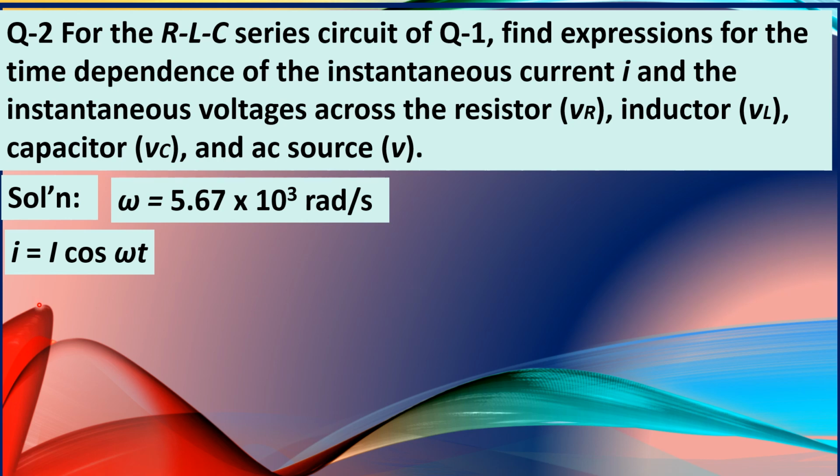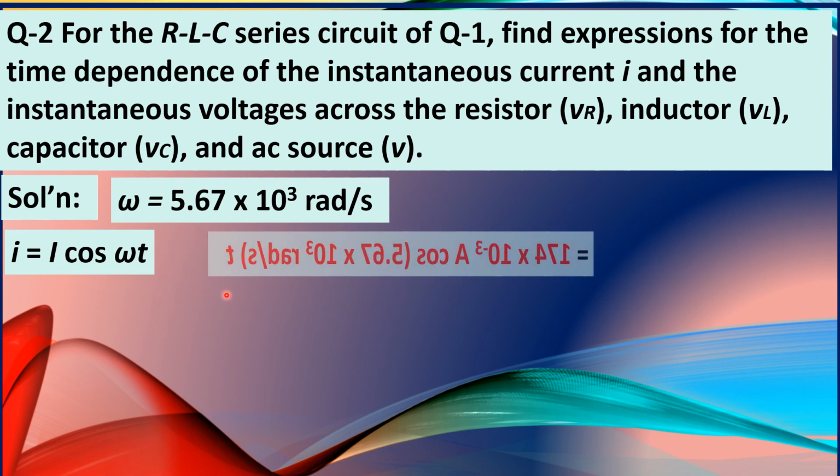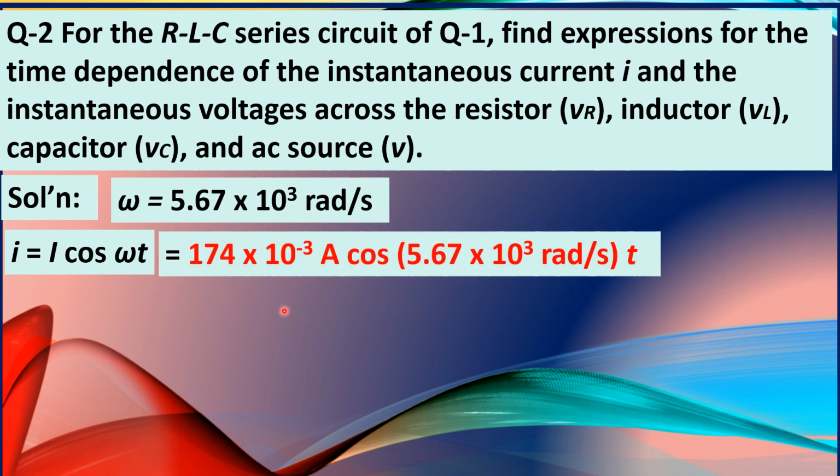Using the formula for instantaneous current, small i equals capital I cosine omega t, we substitute the current amplitude, taken from question number 1, 174 times 10 to the negative 3 amperes.